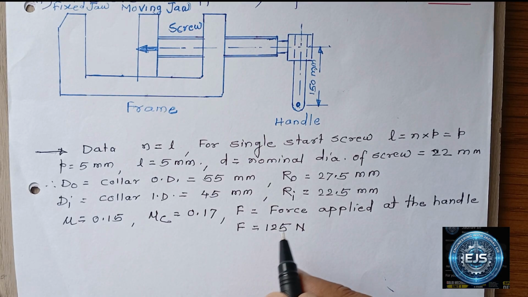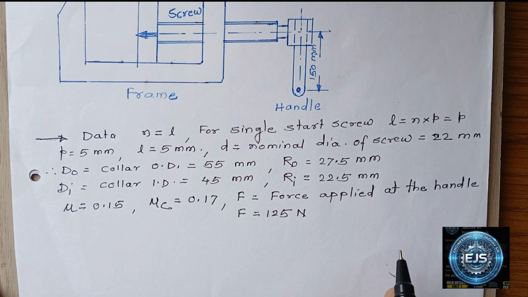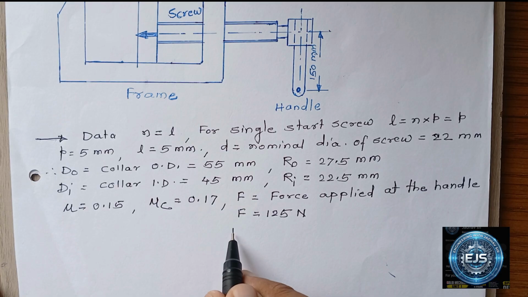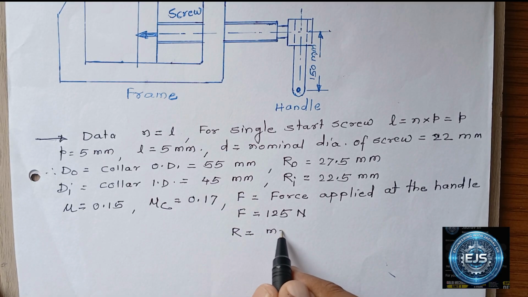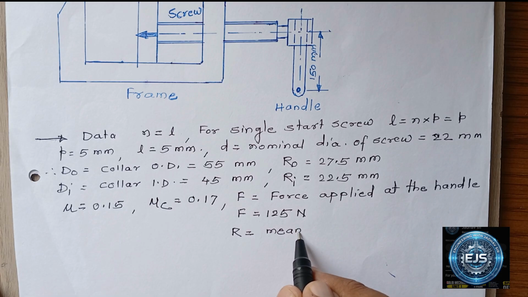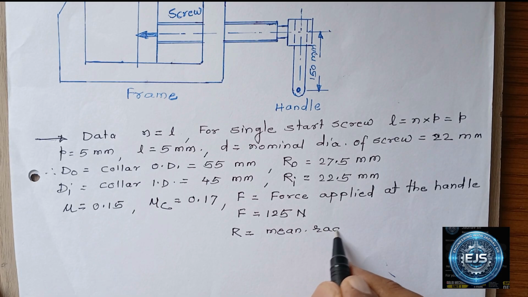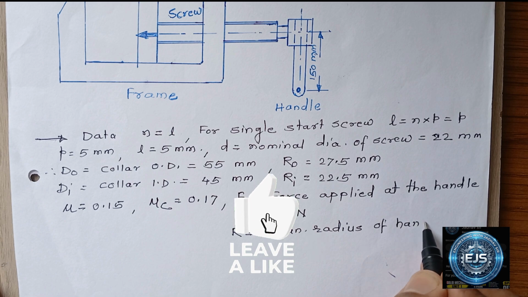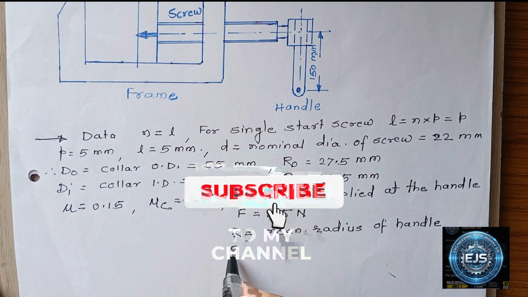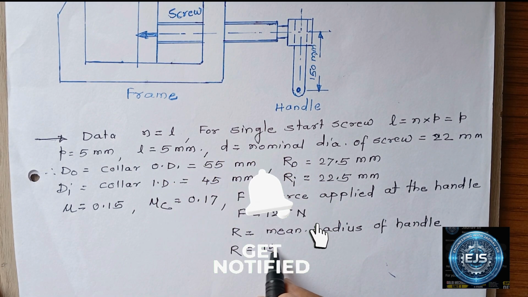This force is applied at a mean radius, R, the mean radius of the handle, which is given as 150 mm. So R is equal to 150 mm.